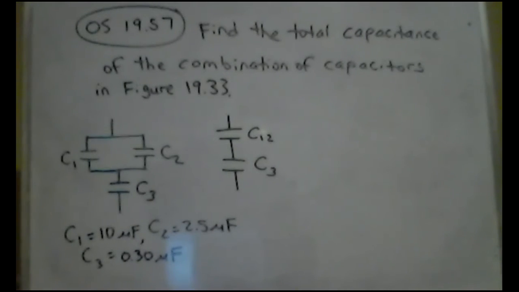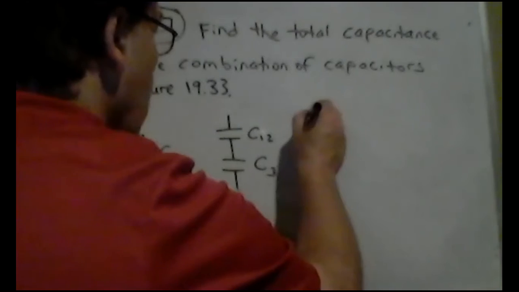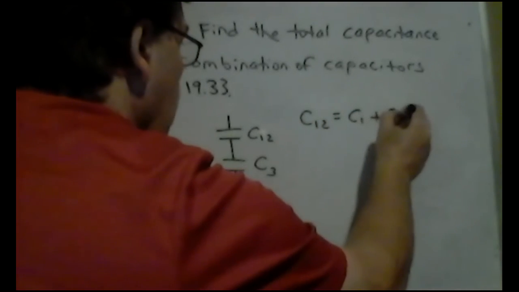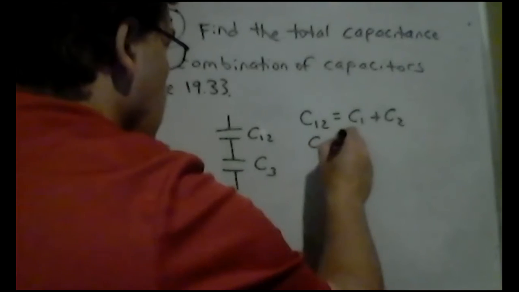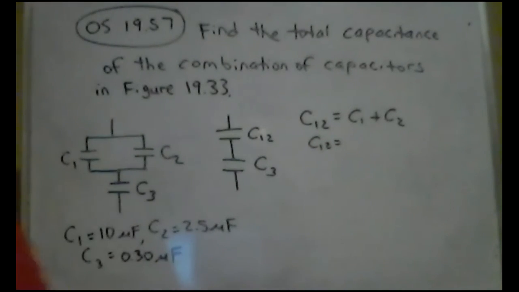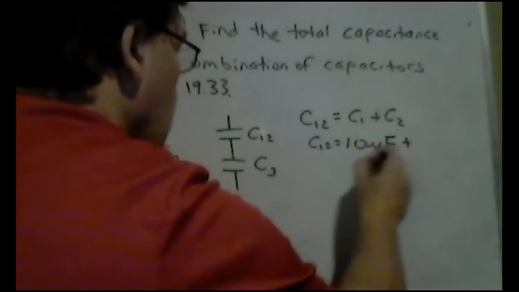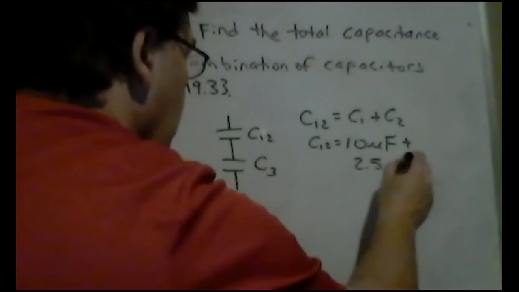Well, what's nice is the ones that are in parallel simply just add, right? So C12 is nothing more than C1 plus C2. So C12 is going to be what? 10 microfarads plus 2.5 microfarads.